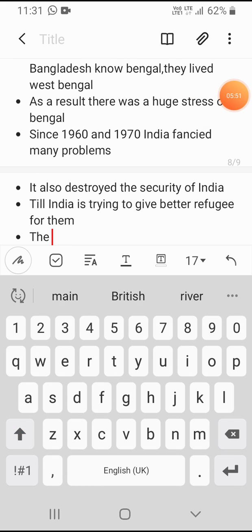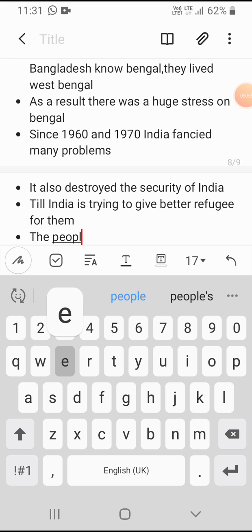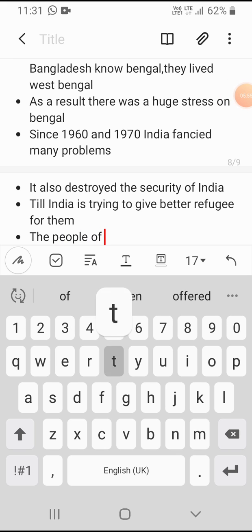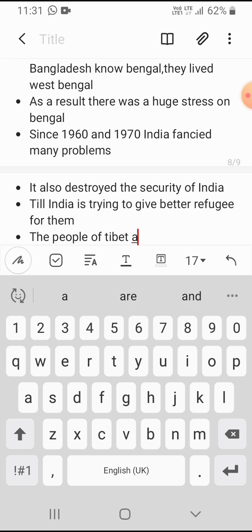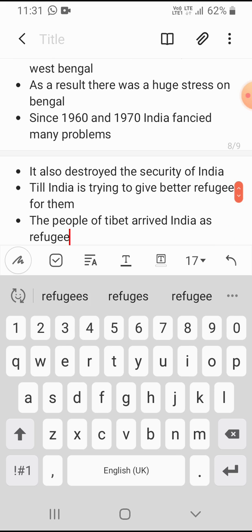Similarly, the people of Tibet arrived in India as refugees. During Nehru's time the Tibetan people arrived in India, and as you know, the Dalai Lama also arrived in India.